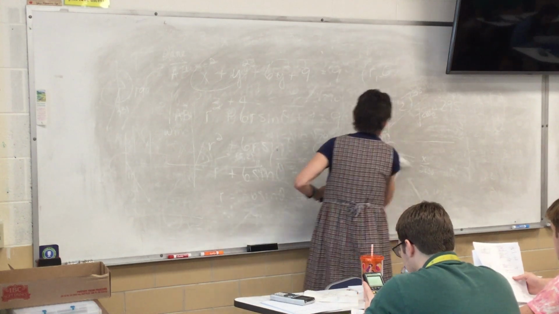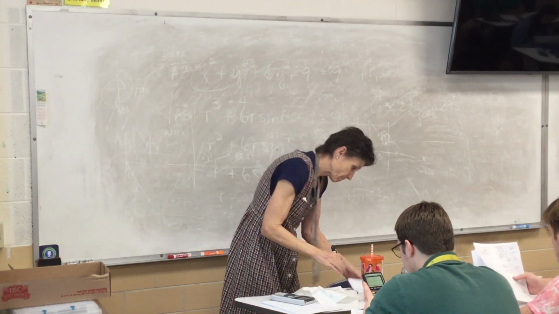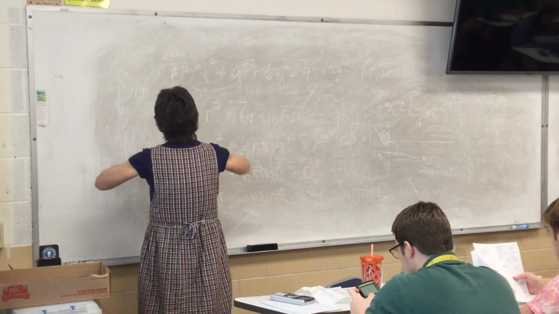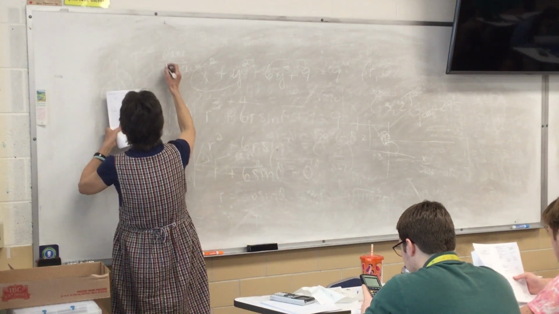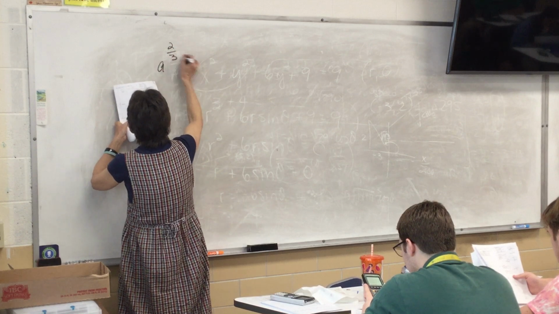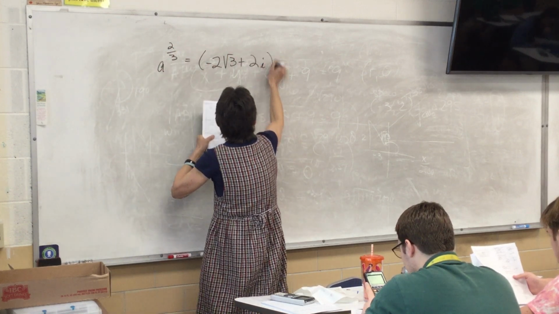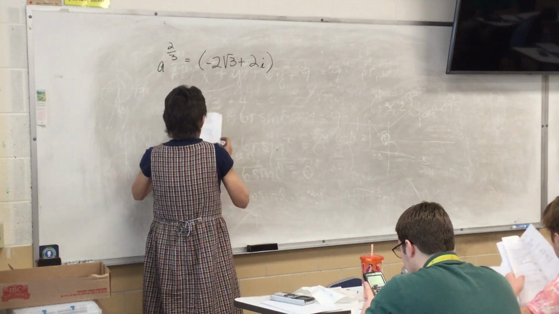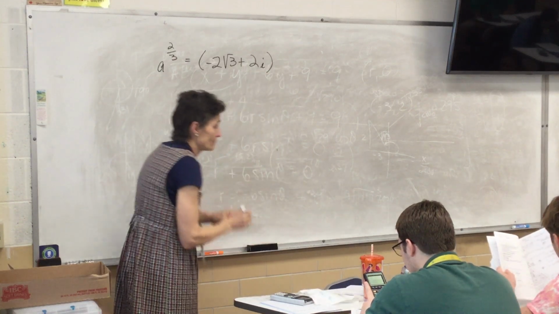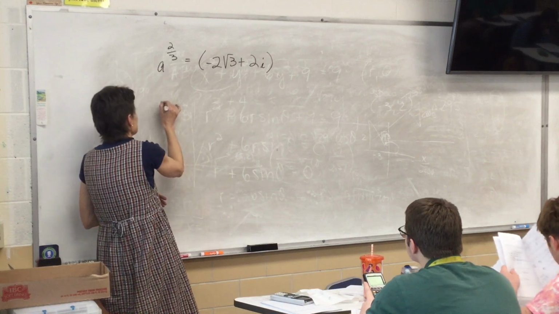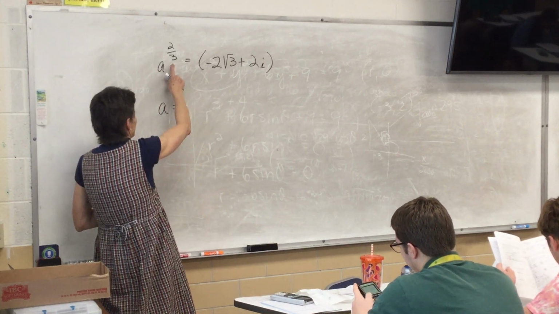Here we go. We're solving for A. Okay, so in order, we want to get A equals. So we've got to get rid of that exponent.